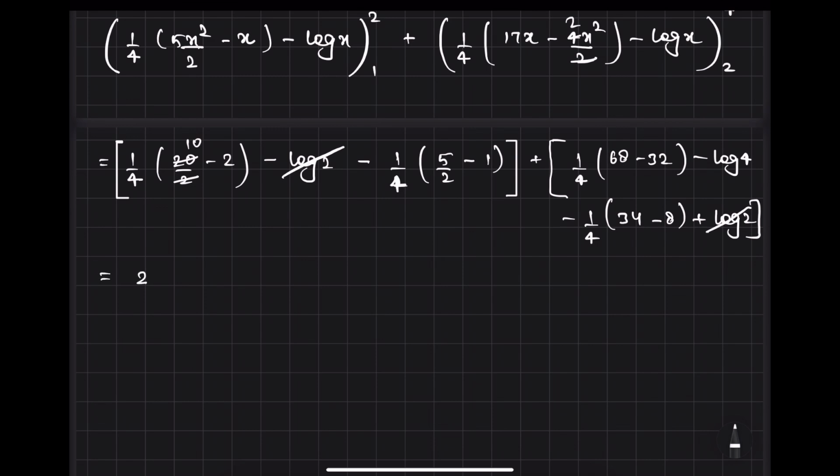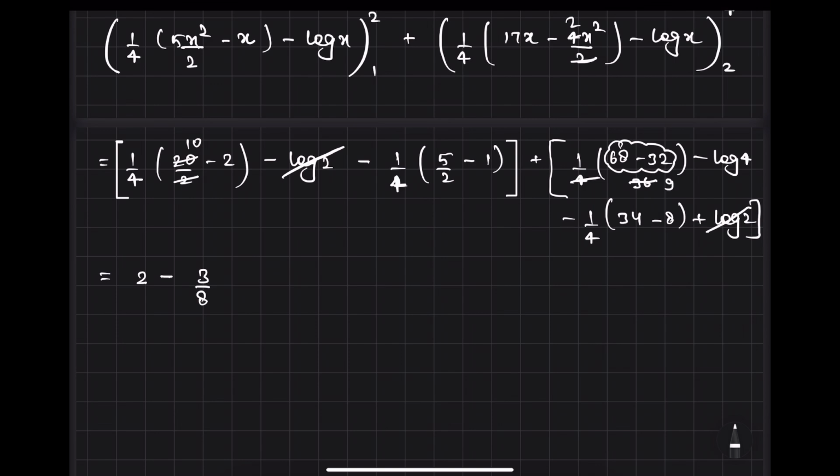4 twos are 8. This is what? 3 by 2, times 1 by 4, so 3 by 8. Now these two things will get clubbed and will produce 36, so it will become 9.